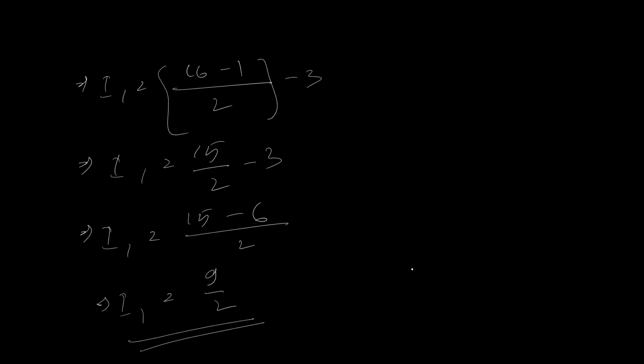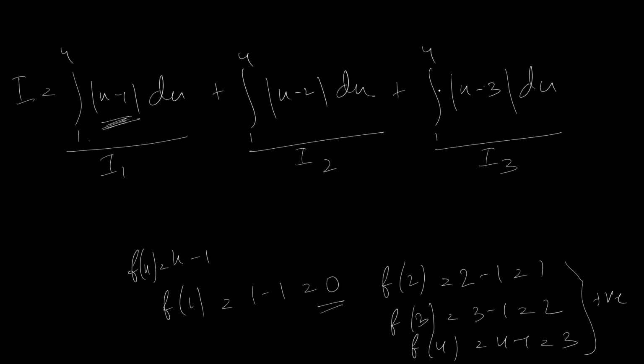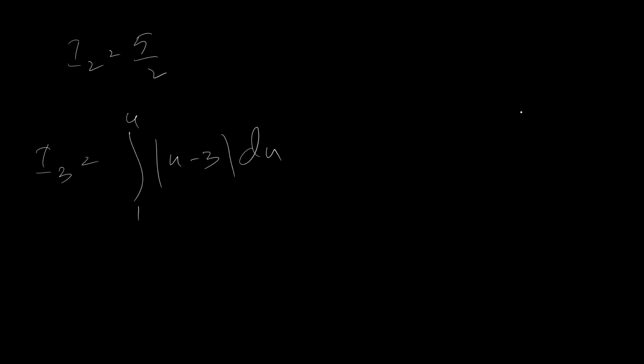Next, I3 is the integral from 1 to 4 of x − 3 dx. Now here again you see the function f(x) is equal to x − 3. If I take f values from 1 to 4: if I take 1 minus 3, I am getting 2 negative value.